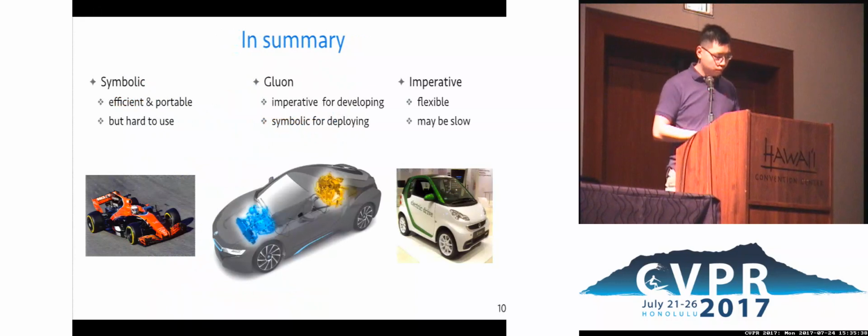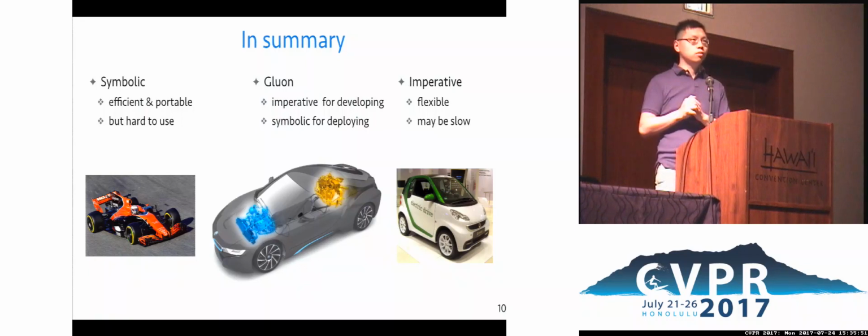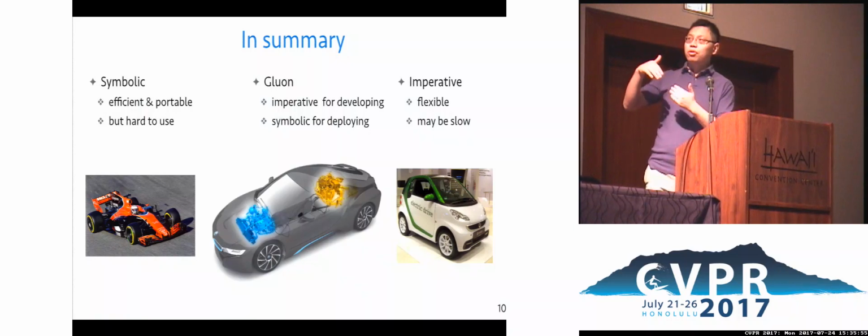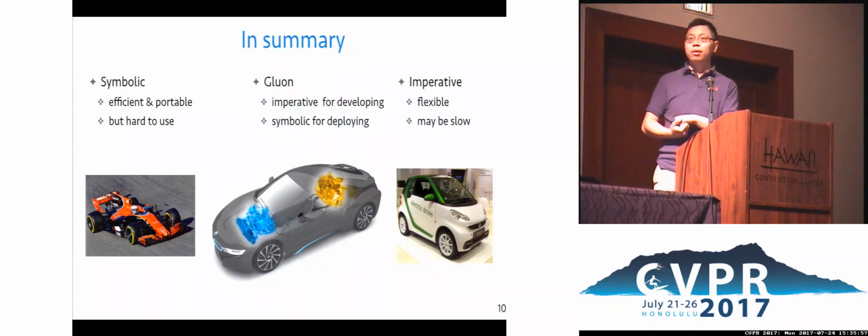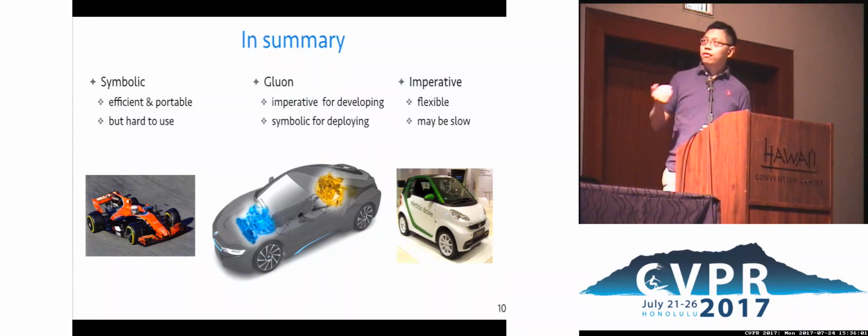In summary, different frameworks have two styles. First, the symbolic, which runs faster, but is kind of hard to use. The barrier is higher. You need to learn a lot of things. You need to change how you think about the program into a more symbolic way. Basically, this is how users learn SQL. The imperative is flexible, but usually slower.